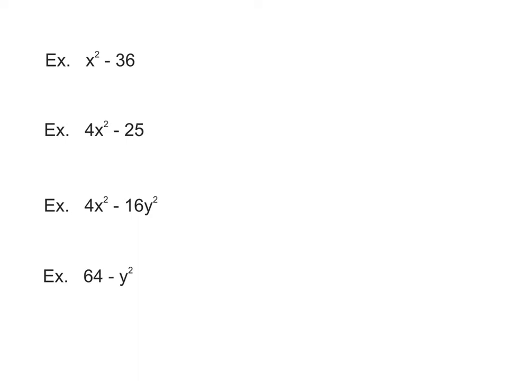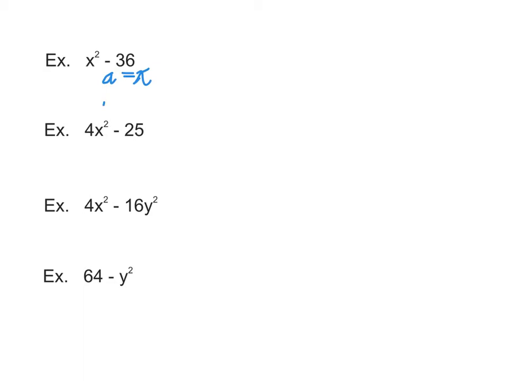So look at the first example, x squared minus 36. Think to yourself, what was squared to give x squared? In that case, a must have been x. To get the b, you think about what was squared to give you the 36.